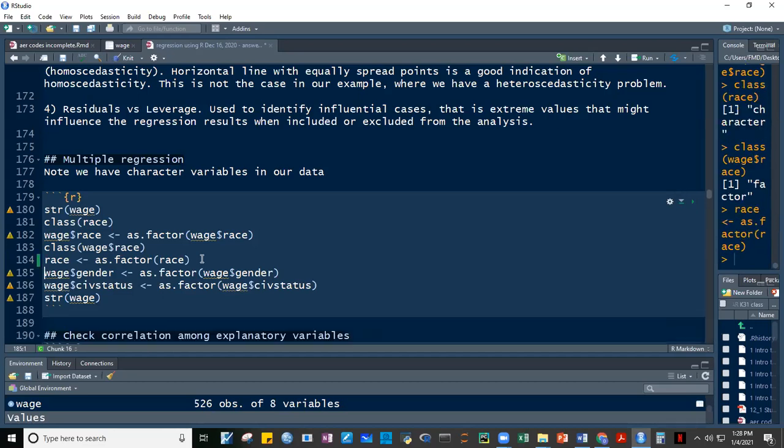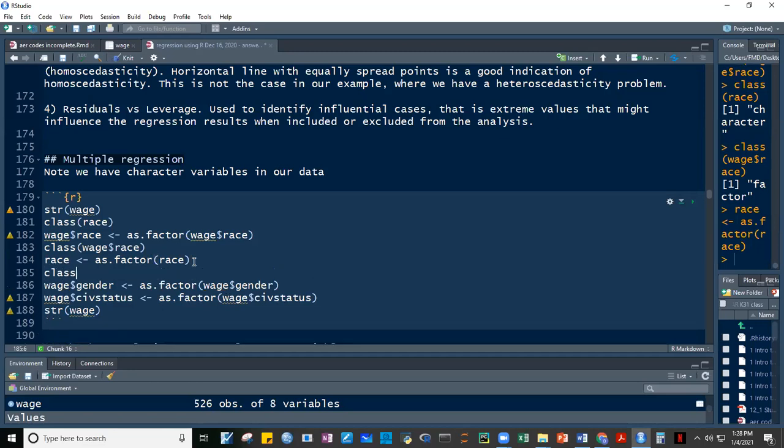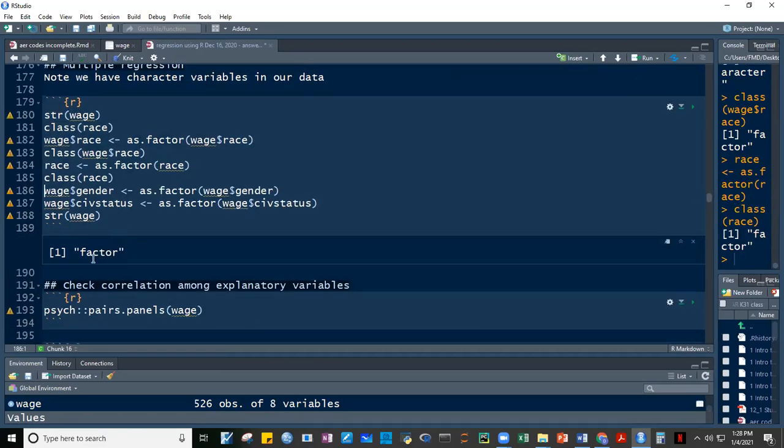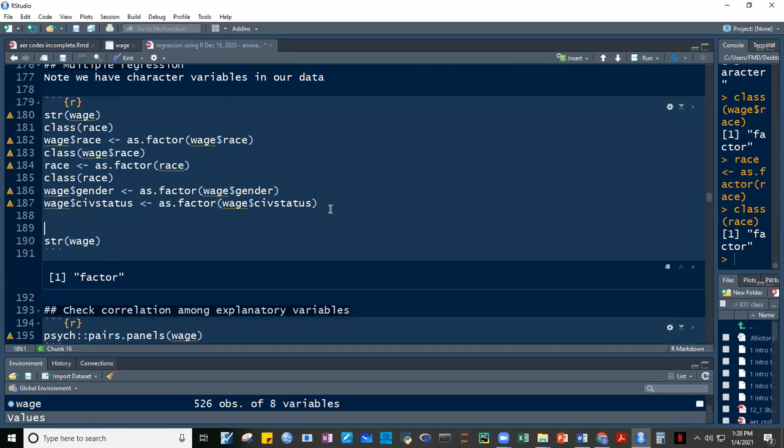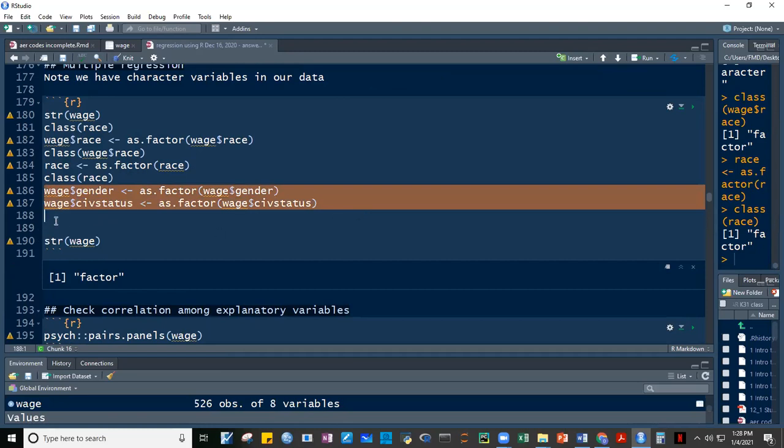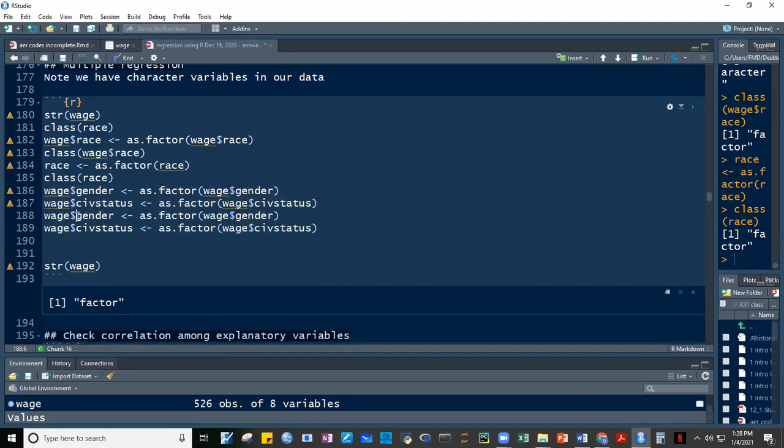Let's run this. Okay. And then check natin si class, race. Okay, factor na siya, no? All right. So, ganun din guys, ganun din si gender at saka si civil status. Okay, so ganito lang gawin natin guys. Let's copy this too. Control C, Control V. And then tatanggalin ko guys yung wage.